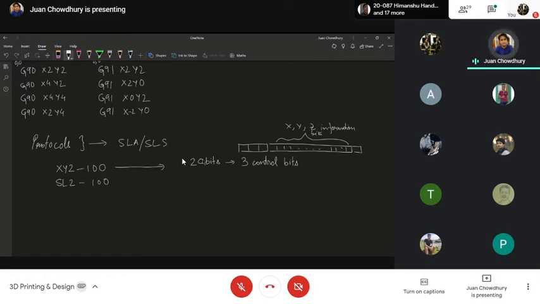Eventually we have a parity bit, which is used for verifying if the sequence of command is correct or not. So 3 control bits plus 16 position bits plus 1 parity bit. That's an XY2 system.